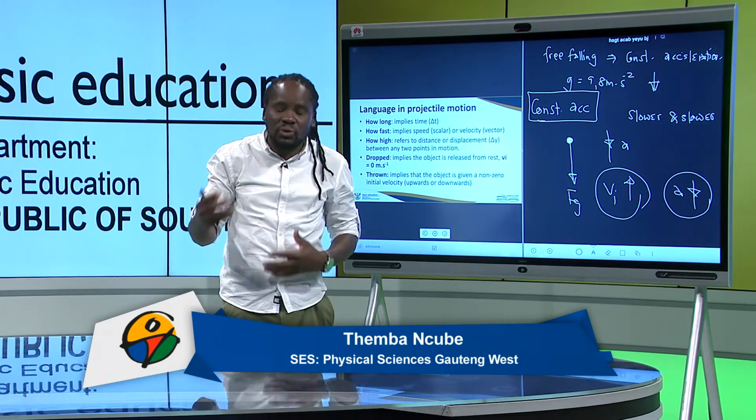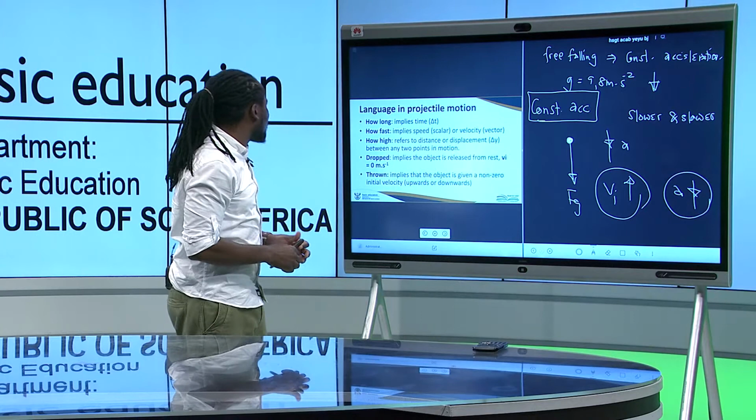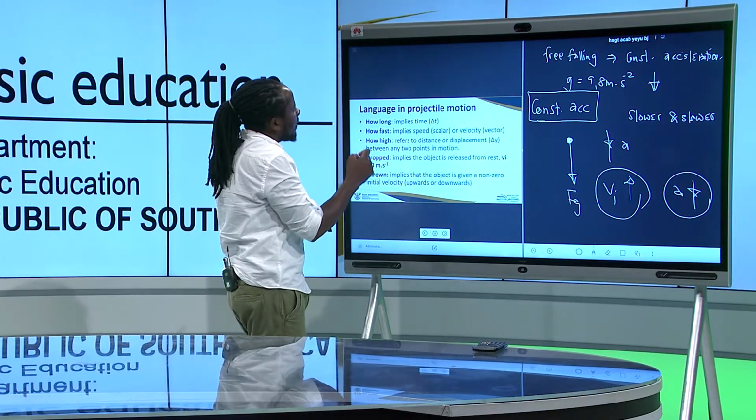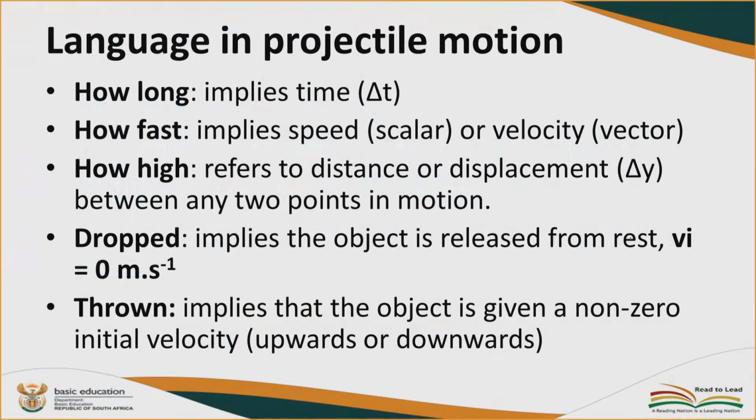If an examiner wants to ask you to calculate the time, sometimes they may say calculate the time, which is very straightforward and direct. But if it says how long, it's an indication that you need to calculate time. The other one could be how fast. How fast is rate, which can be either speed or velocity.